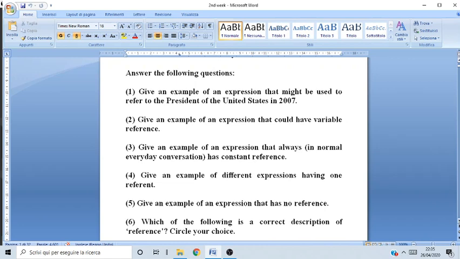Give an example of different expressions having one referent. And then give an example of an expression that has no reference at all.